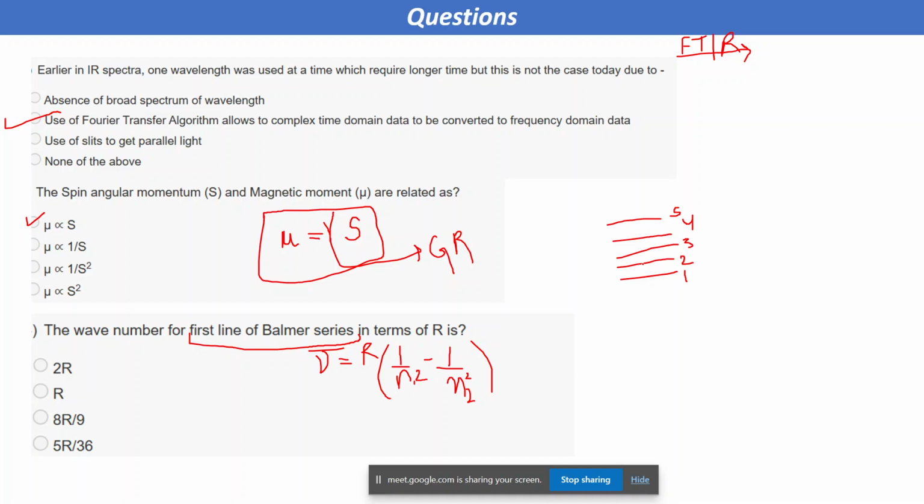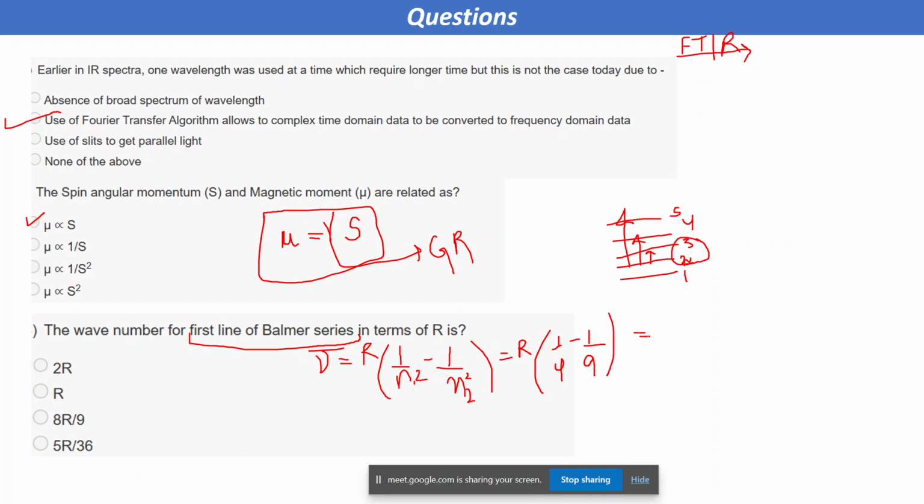Now they're telling about the first line. So what will the first line be? The transition can be from 3 to 2. So this is the first line. The first line we also call the alpha line. So R is R as it is. n1 is 2, so 2 square is 4, minus n2. n2 is 3, so 3 square is 9.